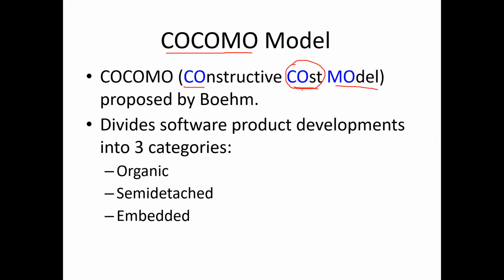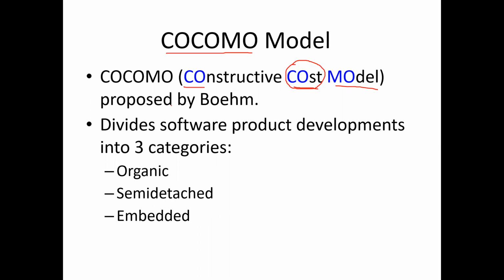If you can understand this, then easily I will put some profit on that, and then I can give the selling price of that product. That is the main target of the COCOMO model. First I have to find out how much money I spent on that particular product.